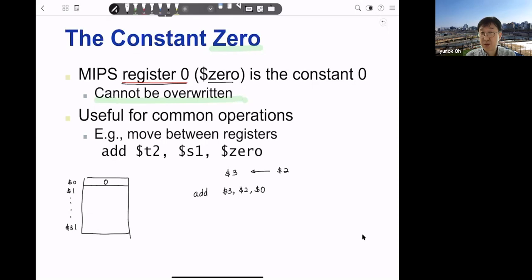Another way is addi $3, $2, 0. That is also possible. So there are many ways to implement move.